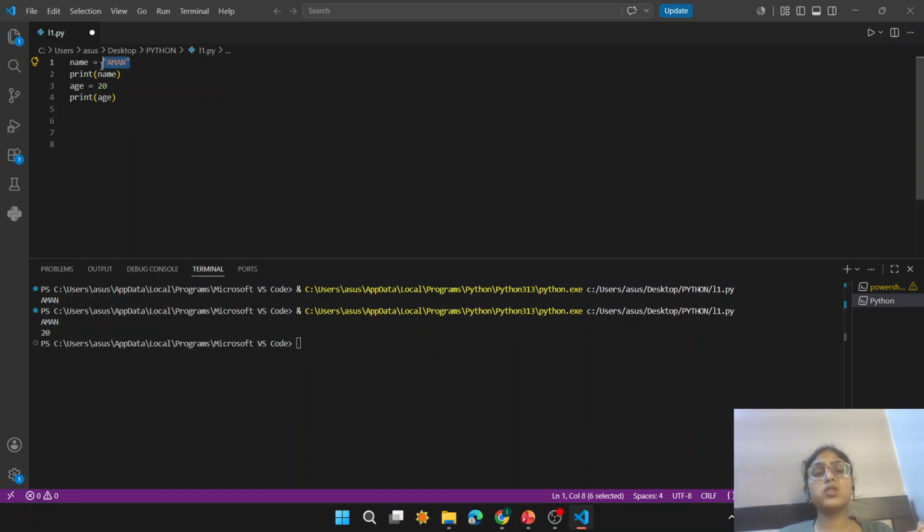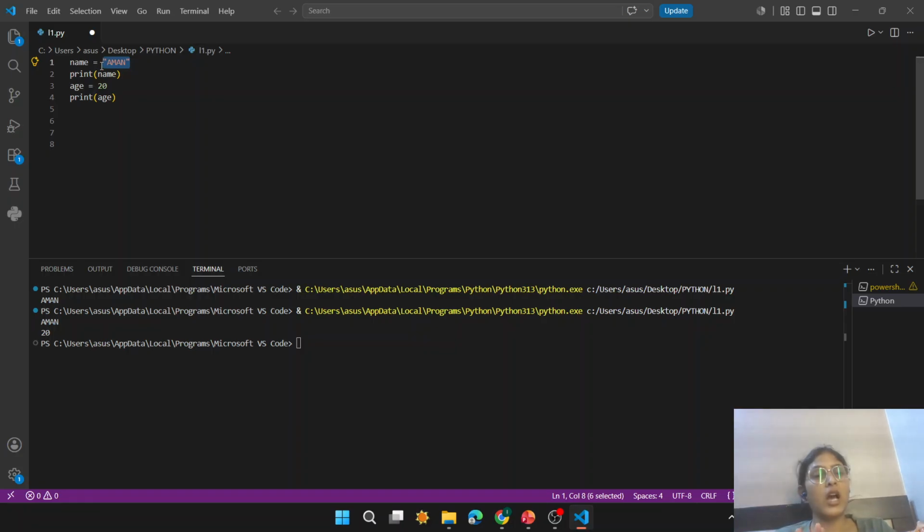This is one of the easiest and simplest ways to handle things that can change. For example, today your age is 20, tomorrow it will be 21. It has to change. Many applications use variables for such things.